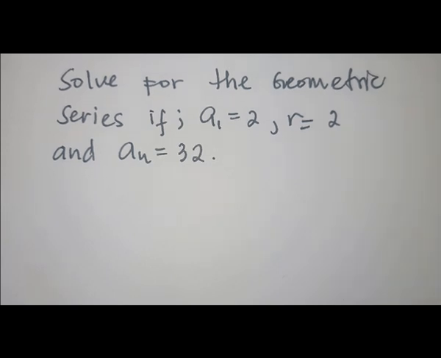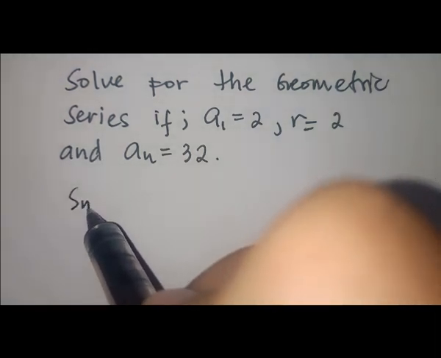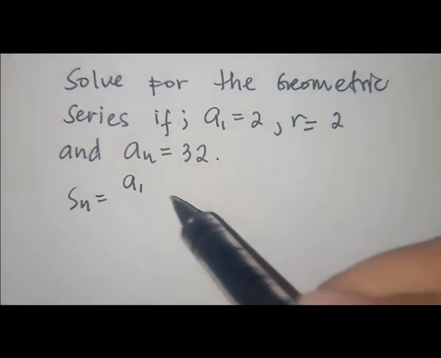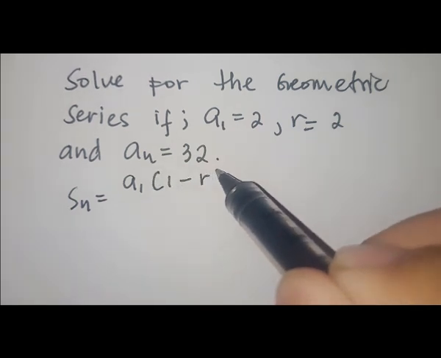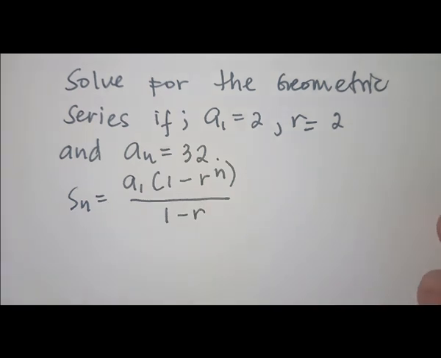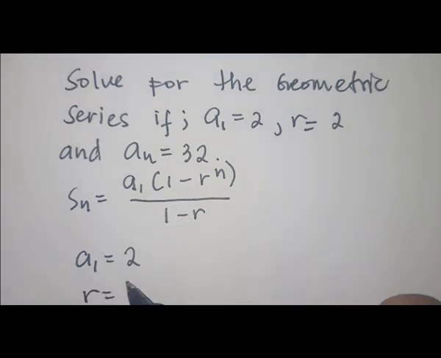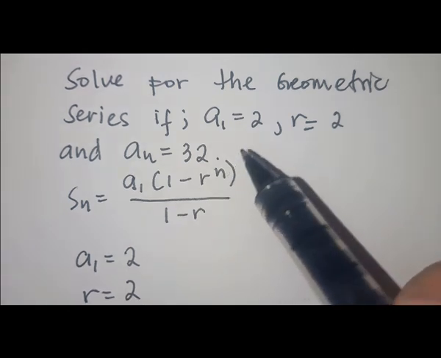In this case, if we need to use our formula, we said that the formula to get the geometric series is S sub n equal to a sub 1 times 1 minus r raised to n divided by 1 minus r. We only have the first term here, a sub 1, which is 2. We have r, which is also 2. But we don't have the value of n.